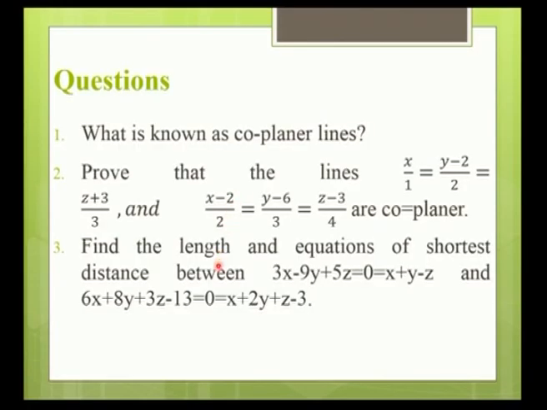Prove that the lines x by 1 is equal to (y minus 2) by 2 is equal to (z plus 3) by 3 and (x minus 2) by 2 is equal to (y minus 6) by 3 is equal to (z minus 3) by 4 are coplanar, then find the length and equations of the shortest distance between the lines 3x minus 9y plus 5z is equal to 0, which is also equal to x plus y minus z, and 6x plus 8y plus 3z minus 13 is equal to 0, which is equal to x plus 2y plus z minus 3. These questions can be answered after listening to this lecture.